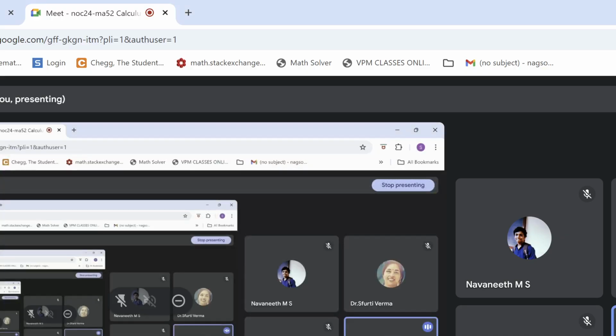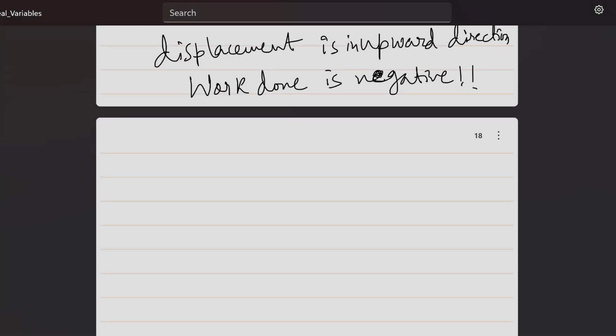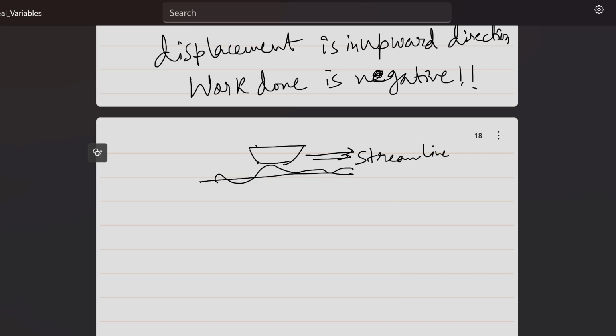Whatever the ma'am told is also correct, but you have to define the force actually in that case. That boat you are saying, you are on a boat, right? And you are going in the opposite direction in the flow. I have to think about this, but what is the force in that case? Suppose you have a boat here, and the streamline is here, but you are going in this direction, right?